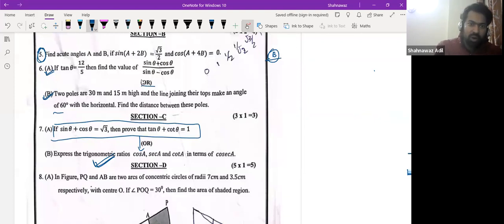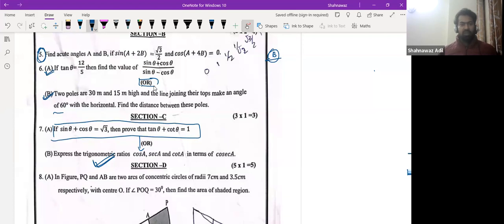Because for us, there is no "or", right? We have to solve every question. Even if we have to choose, the A is easier.